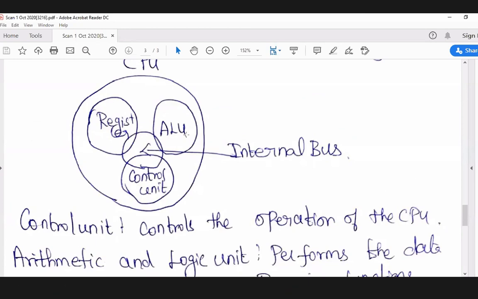Okay. So what are all the arithmetic operations, you know? Addition, subtraction, multiplication, division, modulo. Yes. So what are all the logical operations?